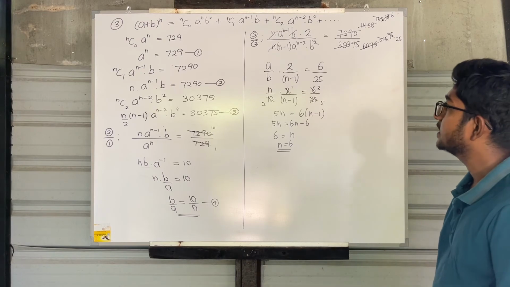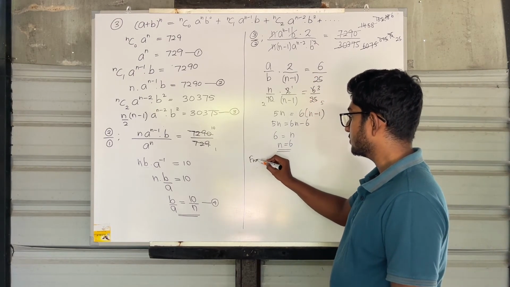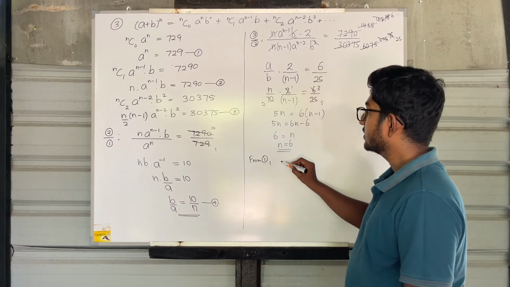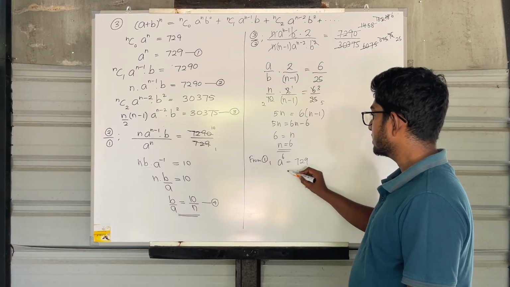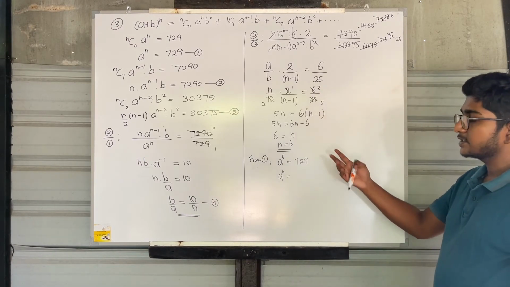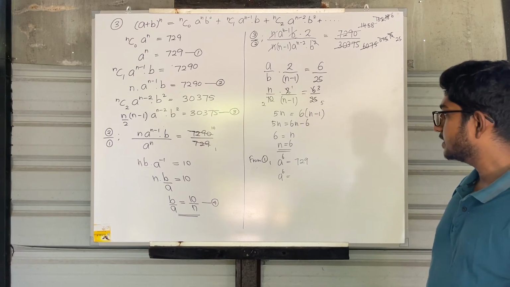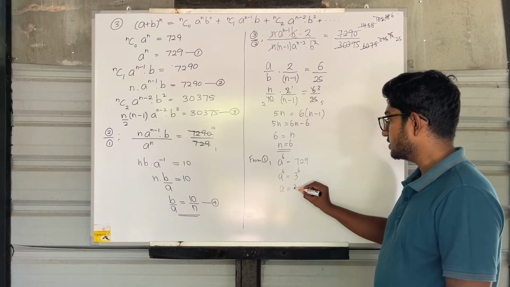Then how to find A? Use 1. From 1, a to the power n is 6. Now I have to express 729 as a power of index 6. That is 3 to the power 6. A is 3.